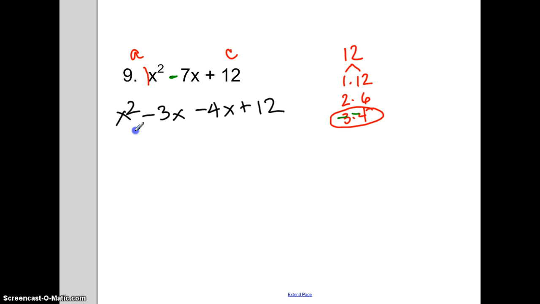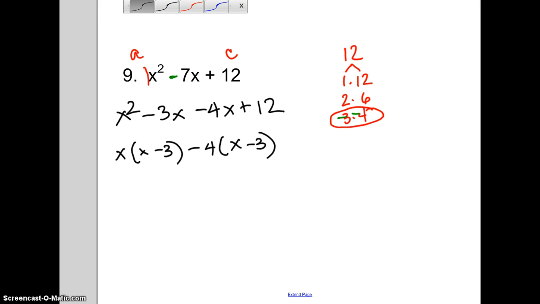Now you can factor by grouping. Take out an x, that leaves you x minus 3. And then take out a negative 4, and that leaves x minus 3. And now we can factor the x minus 3's because they're a common factor.